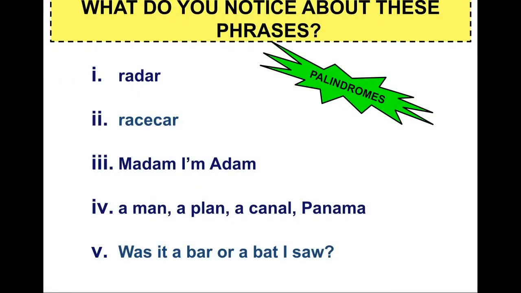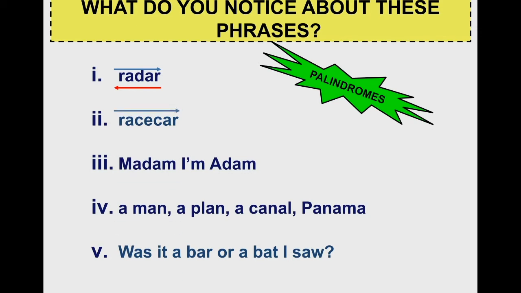What do you notice about these phrases? The first one, radar. If we read it in the opposite way, it will sound radar. Let's try the second one, race car.